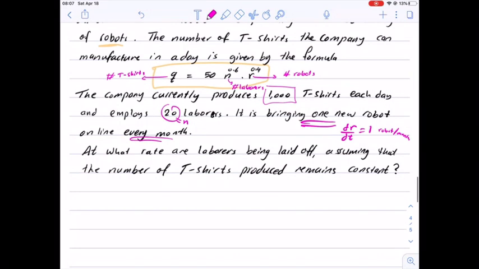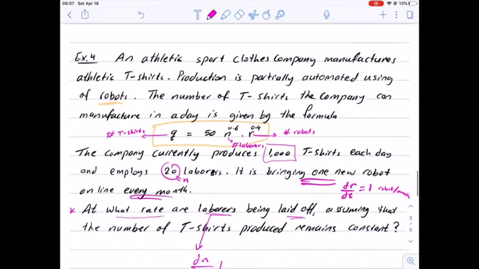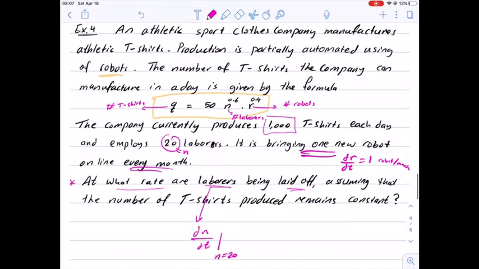One robot per month. Now at what rate, this is the question, at what rate are laborers being laid off, so we're asked to find dN over dt, assuming that the number of t-shirts produced remains the same. So that means we want to find dN over dt when N equals 20.